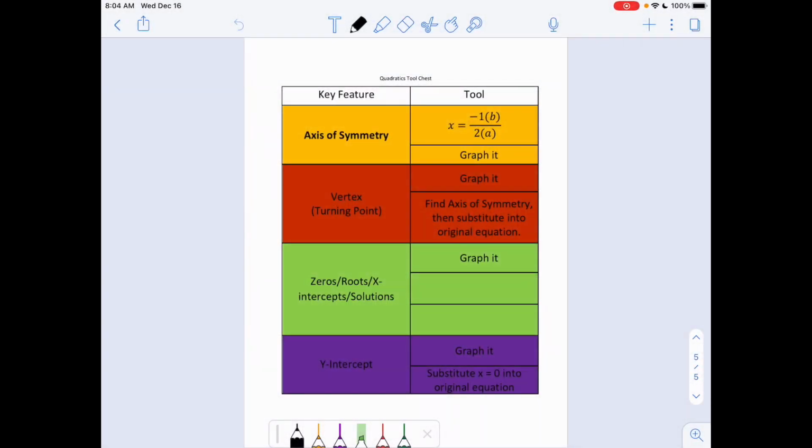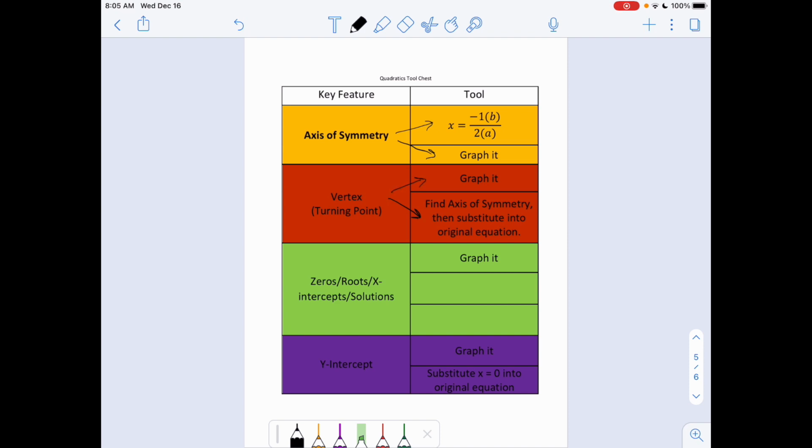Let's review some of the tools that we just learned. To find the axis of symmetry, you can use the formula x equals -1 times b divided by 2 times a, or you can graph it. To find the vertex or the turning point, you can plug that axis of symmetry into the original equation to get your y value, or you can graph it.